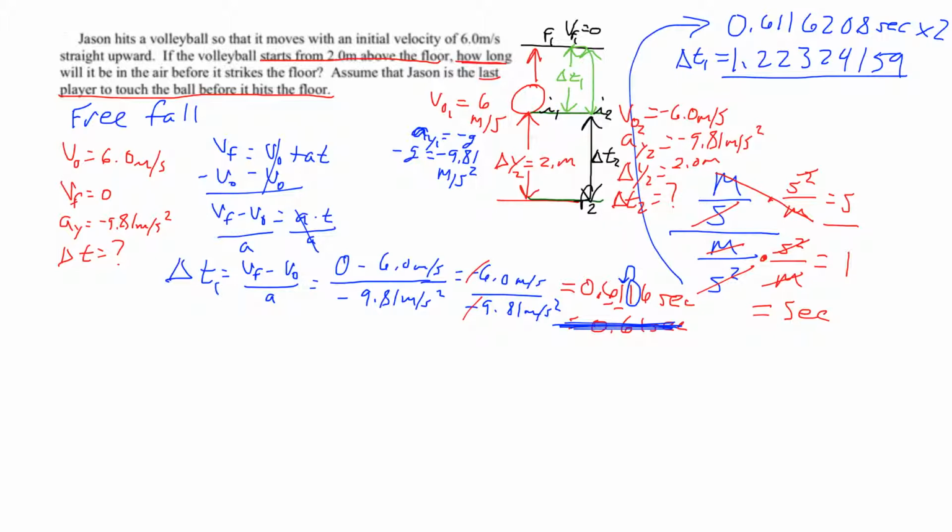The other thing we don't know is the final velocity. If we found the final velocity first, then we could use that final velocity, the initial velocity, and the acceleration to figure out what the time is. And we could go back and use this simple equation right here and skip the quadratic formula altogether.